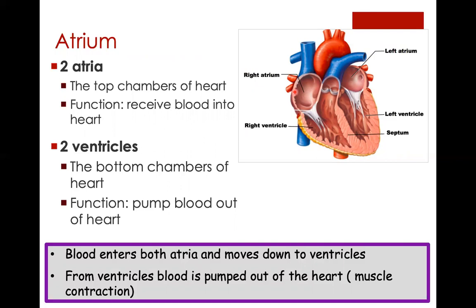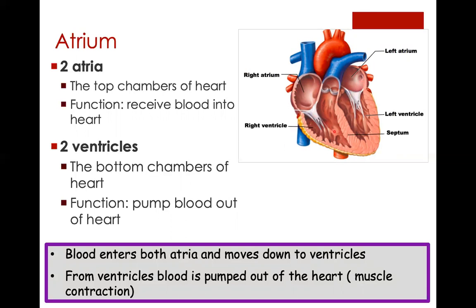The right atrium receives deoxygenated blood because it's on the right-hand side. The left atrium receives oxygenated blood, the red color blood, because it's on the left-hand side.